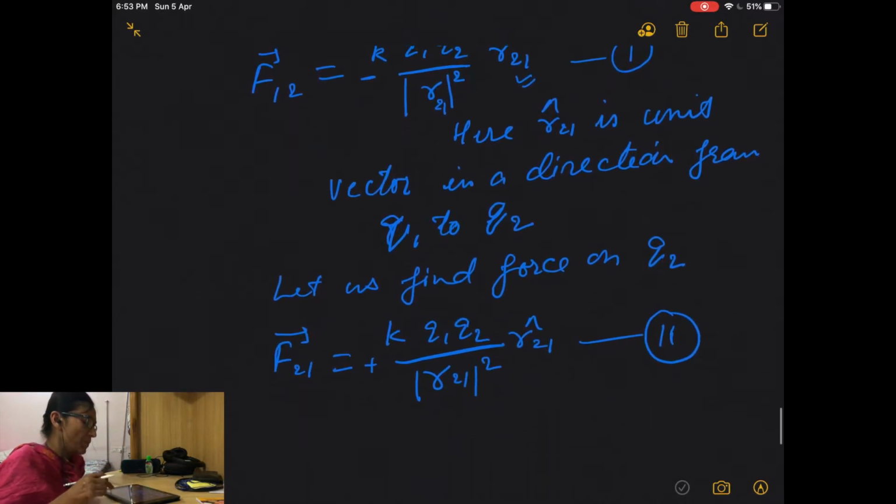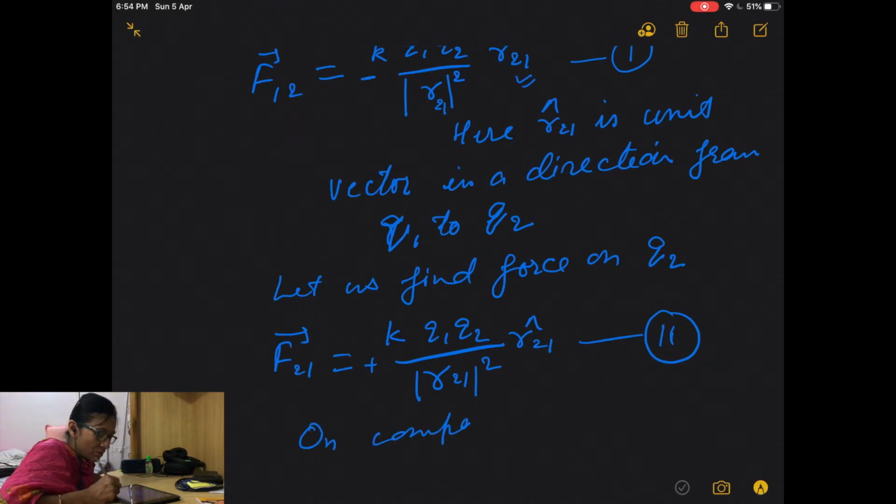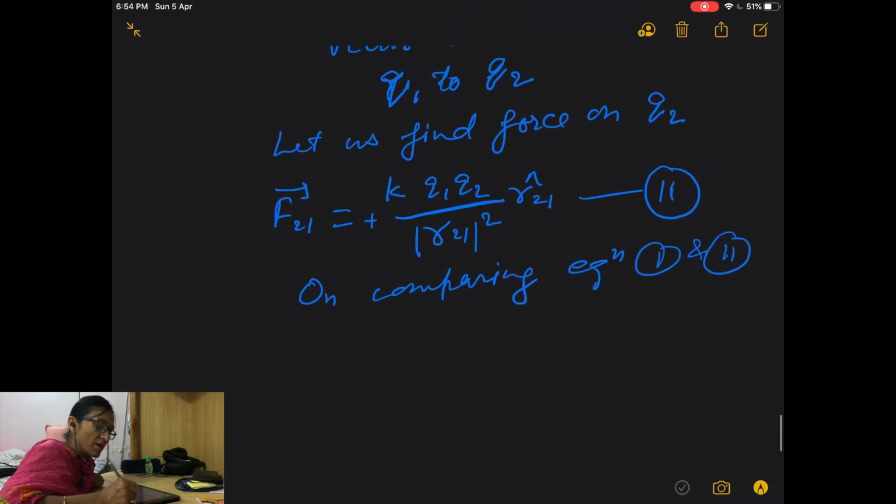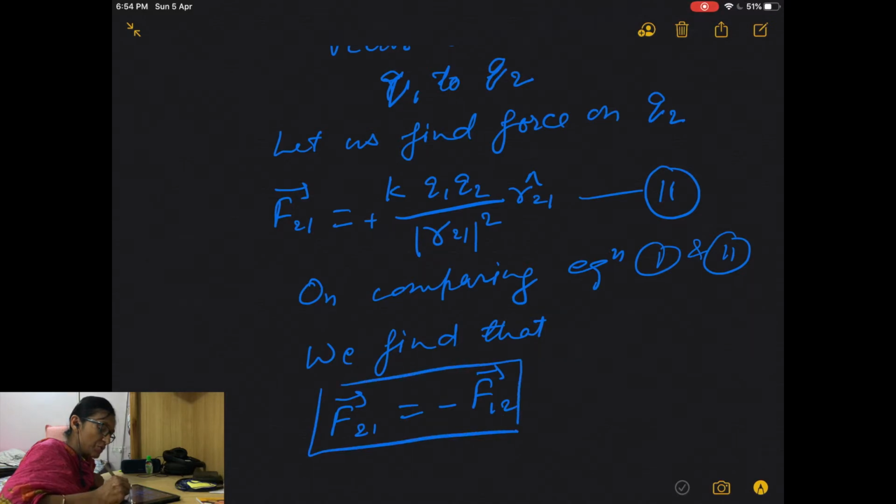If we compare equation 1 and 2, we find that F21 is equal to minus F12.